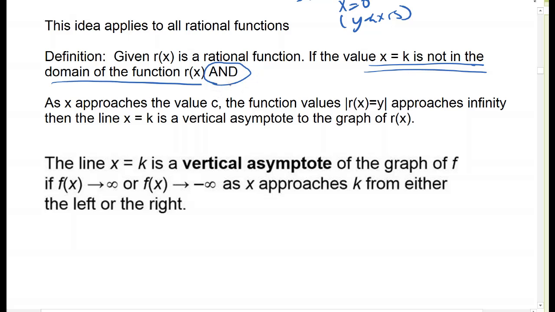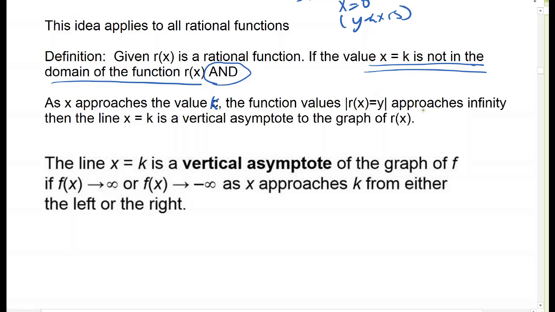Not only does the value have to cause me to divide by 0, so k is not in the domain, but you also have to have that infinity behavior. As my x values get closer and closer to k, my function values approach infinity, either positive or negative.